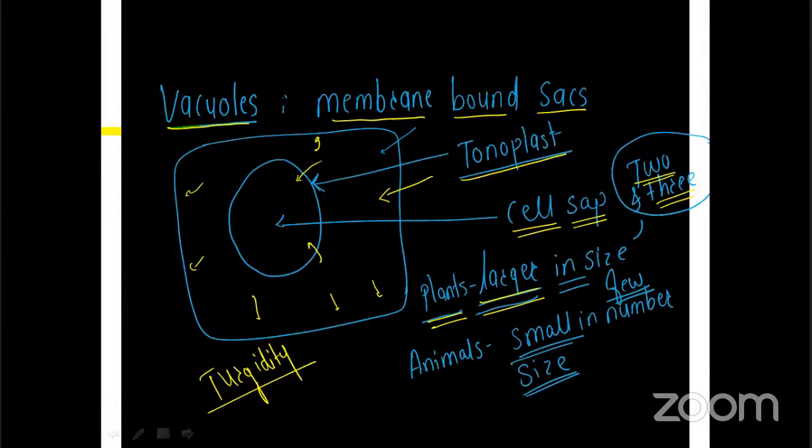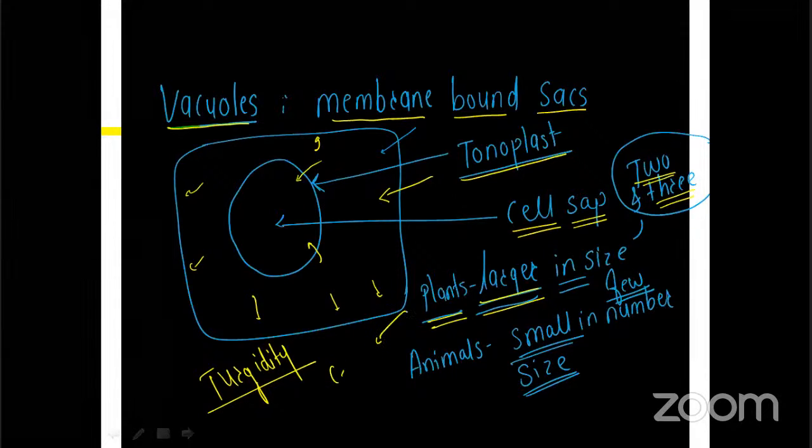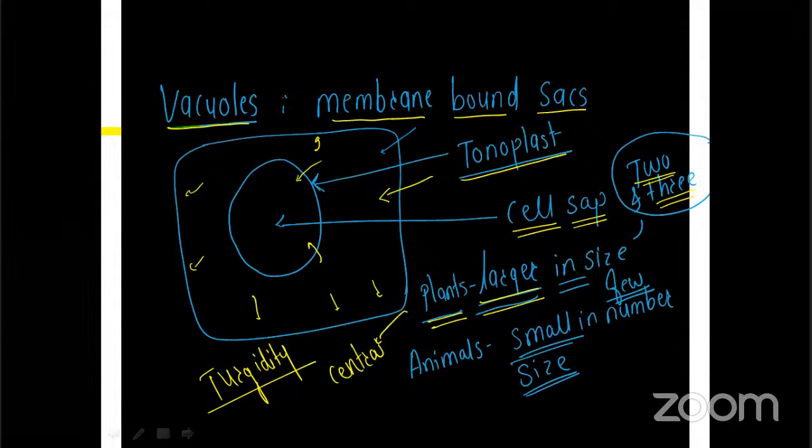These vacuoles can occupy the central position in the plant cells, as well as these vacuoles can occupy 90% volume in case of the plant cells.